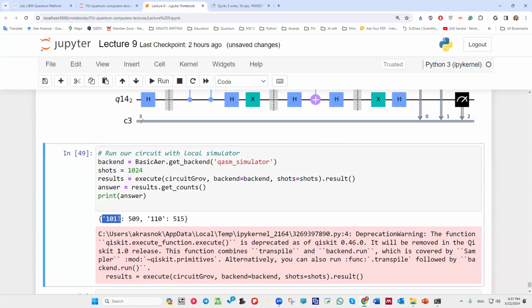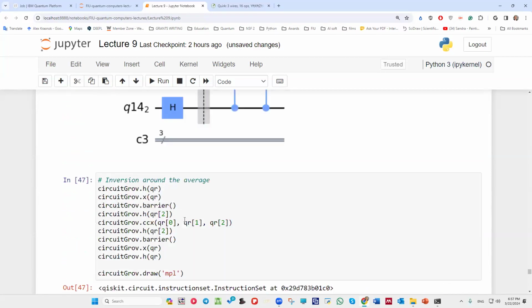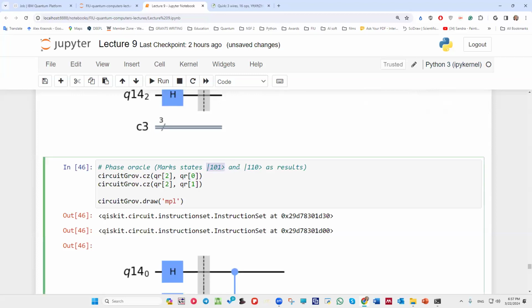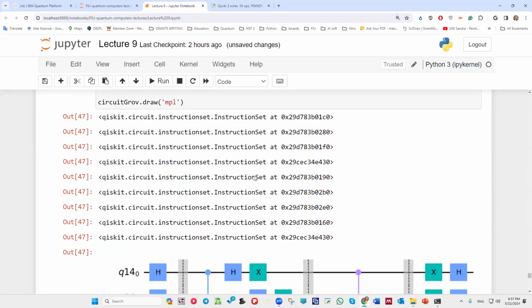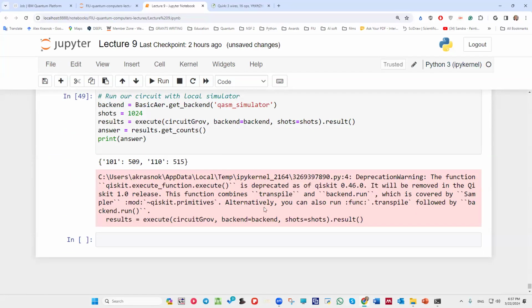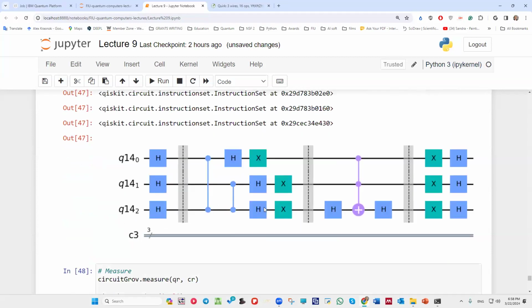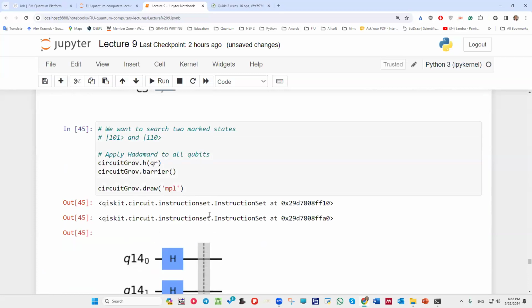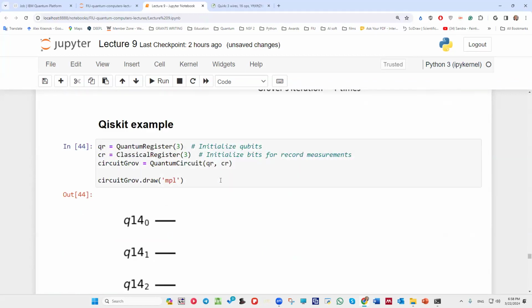We've got basically two answers, state 101 and state 110, with more or less 50% probability each. This was our task, to find exactly these states. So this is how it works in simulations, in theory. Next week we will delve into more detail on Grover's algorithm, and we'll discuss other algorithms as well.